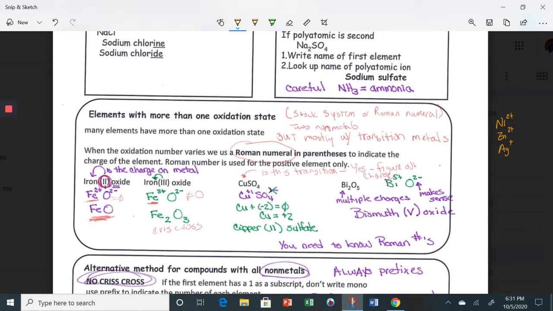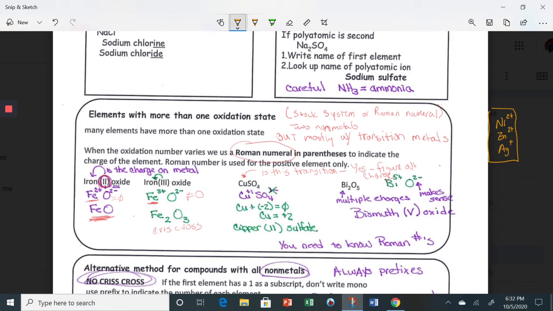So technically, you don't have to use the parentheses. Zinc, you will not use the parentheses. If you say zinc 2 chloride, people will look at you like, why are you saying that? Because zinc can only be a 2+. Nickel's usually a 2+, silver's always 1+. We don't say silver 1 chloride, we just say silver chloride. So these guys, you kind of have to know that's going to be their charge.